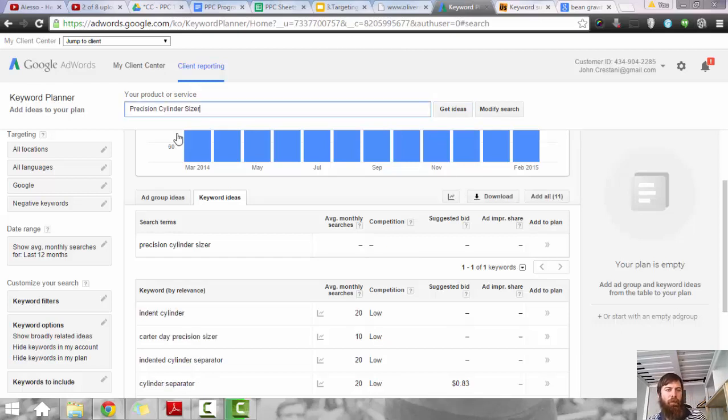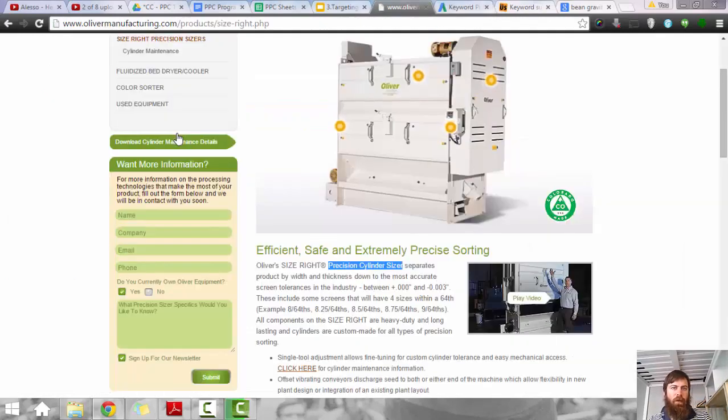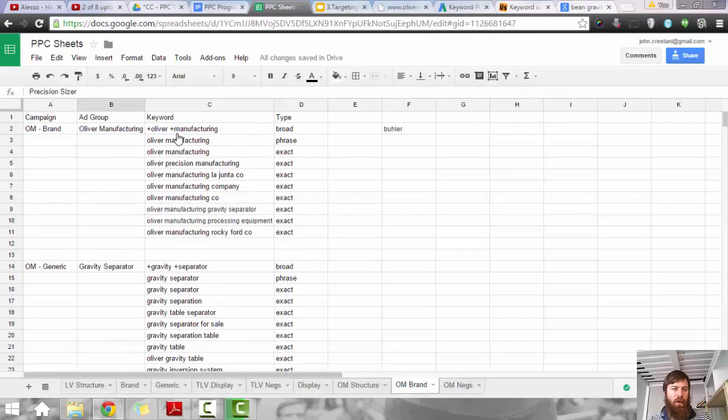Find anything here. Oliver Precision Sizer. What were the other terms we got?